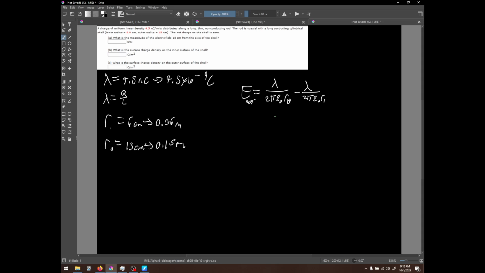All right. It's just going to be 1 over R0 minus 1 over Ri equals E net. So 1 over 0.15 minus 1 over 0.06. I'm getting negative 10. Is it even close? It's not even nearly. Oh, wait.